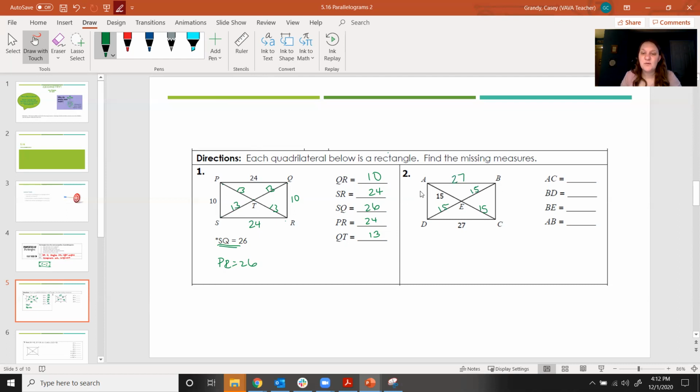I don't have a way to find BC and AD, but it's not asking me for those, so that's okay. AC is this entire diagonal, the two pieces of 15 together, so that's 30. BD has to be congruent to AC, they're diagonals of the same rectangle. BE is 15, and AB is 27.